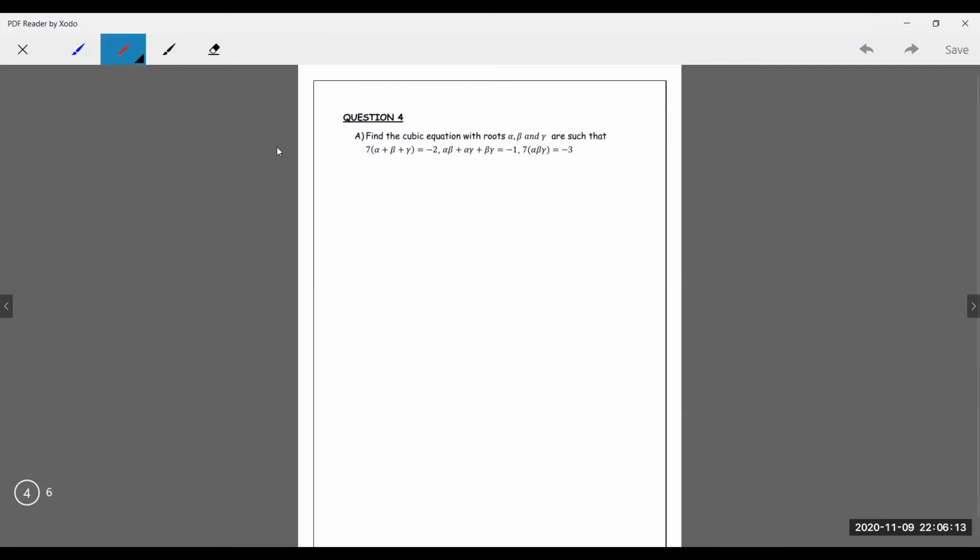So now all I want you to know is that the general form of a cubic equation is x cubed minus the sum of the roots times x squared plus the pairwise product by 2 of the roots times x minus p3 equals 0, where p3 is the product of the 3 roots.